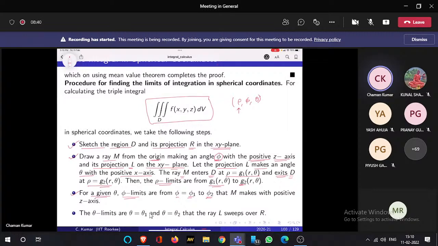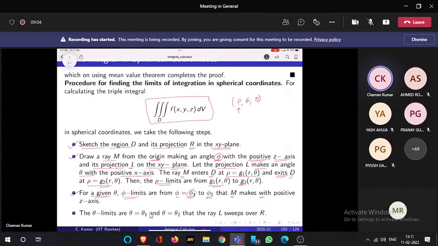If you fix a value of theta, at this value of theta you identify the range of phi by moving the ray along the z-axis, so that it makes angle phi 1.